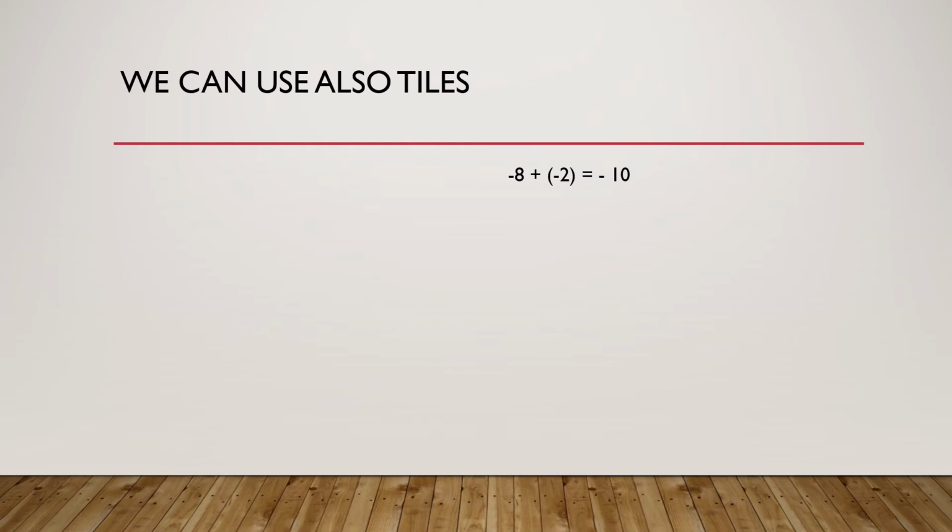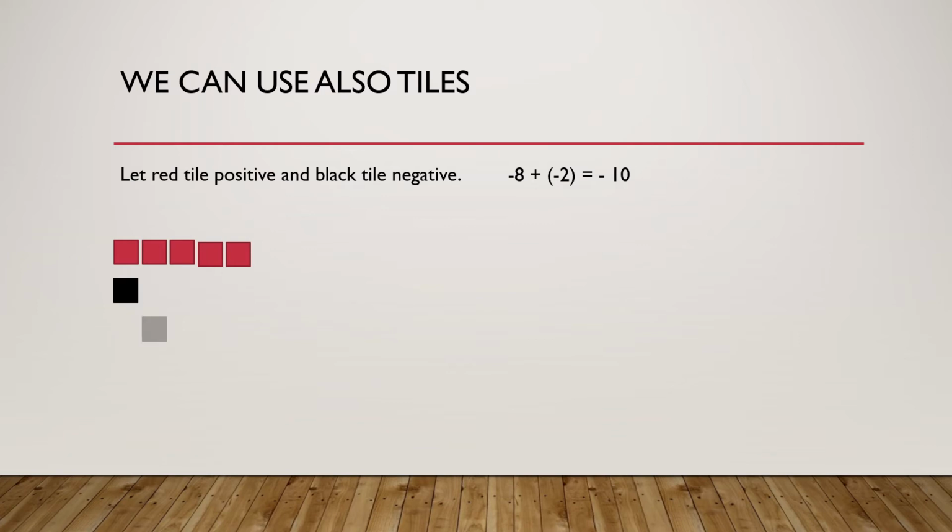We can also use tiles or algebra tiles, no? So red tile is positive and black tile is negative. Okay, so we have here 5 red tiles and 3 black tiles. So we have 5 plus negative 3 equals 2. Why?